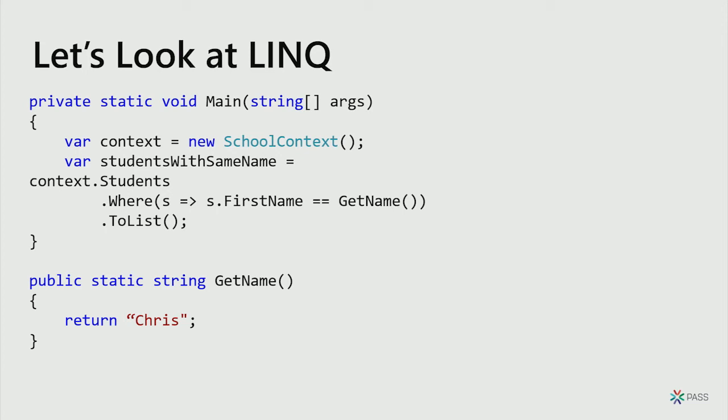So in here, I'm going to say, go out to all of the students where the first name is equal to, and then I'm going to call this get name. So I'm going to call a function down below that returns Chris. And that will send that name into the where clause, and then what's going to come out is a list of students.